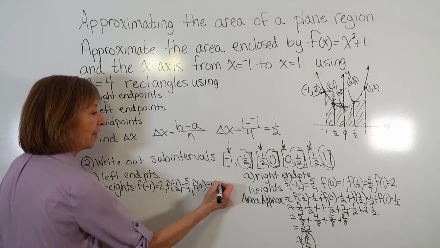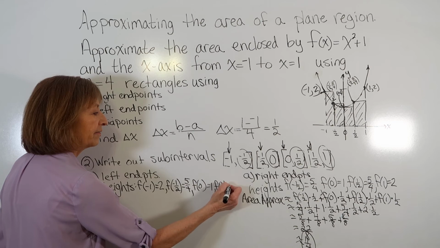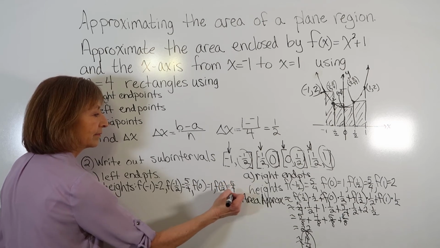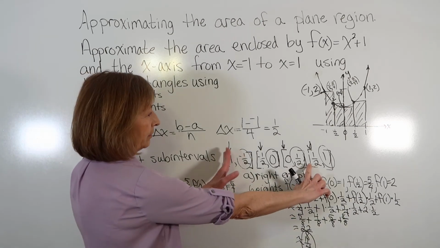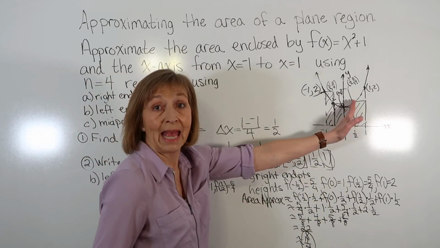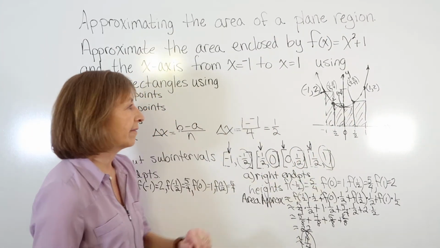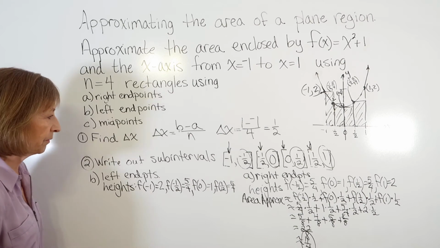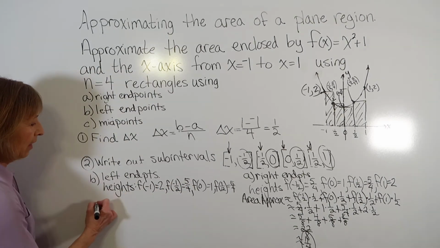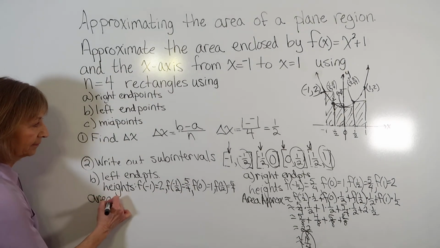And then f of 1/2, which is 5/4. So notice that we're going to stop at the 1/2 for our left endpoints as we go through there. Okay, so now our area approximation.